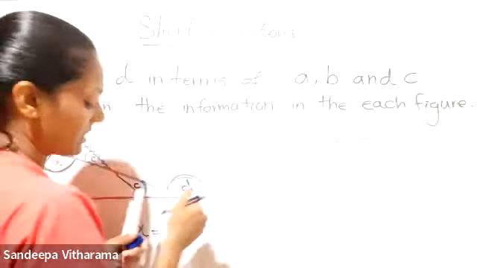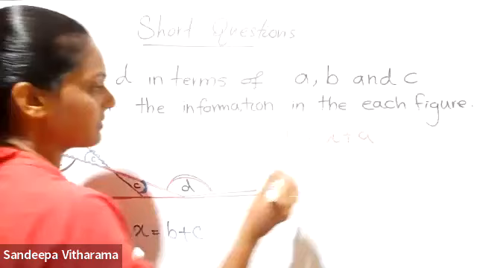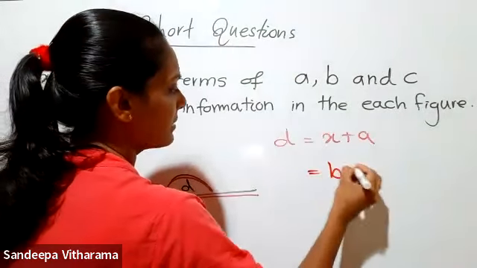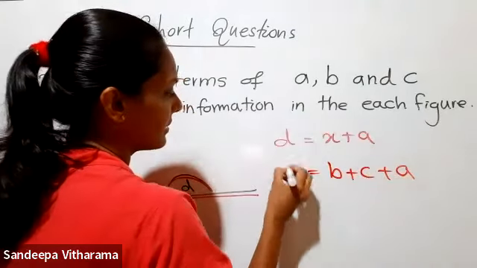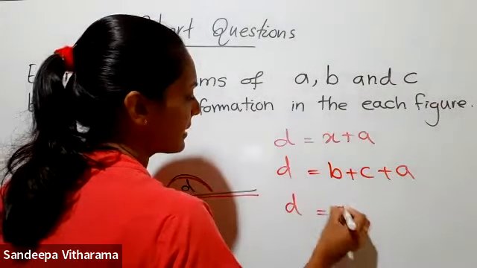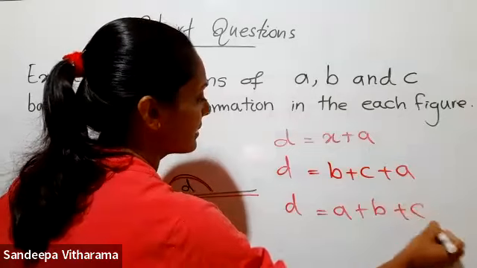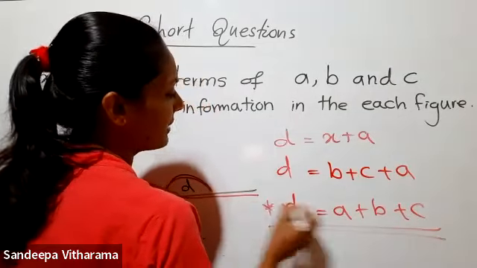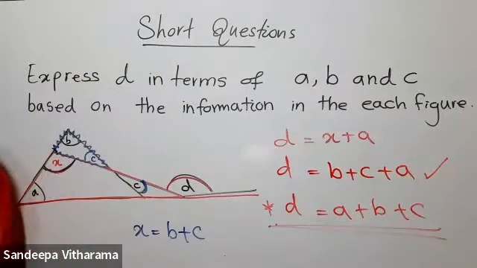Then you can substitute it here. X equals b plus c, then b plus c plus a. D equals a plus b plus c.